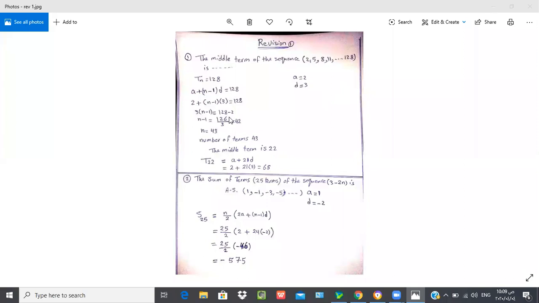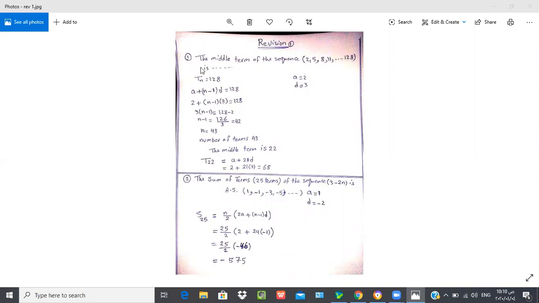Okay, never mind. This is the revision, the first one. He asked you to find the middle term of this sequence. So here I must find the last term. I want to know how many terms are in this sequence.